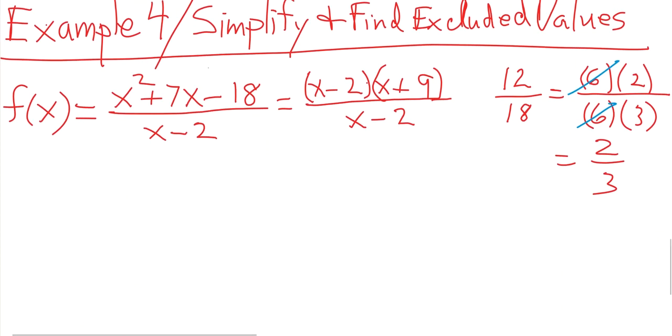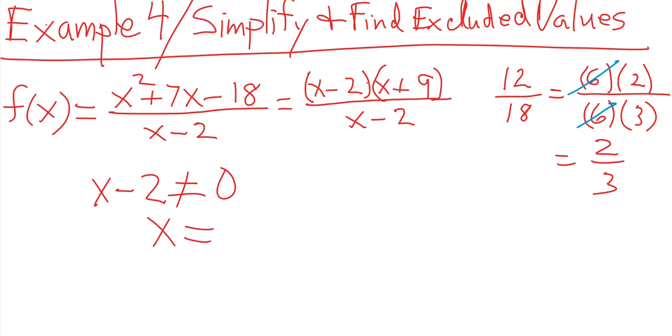So the answer is pretty straightforward. That would be x equal to 2. So notice in the denominator then, we would say x minus 2 cannot be equal to 0, because if it was, it'd be undefined. So x cannot be equal to what number? To 2. That's our excluded value. X cannot be equal to 2.